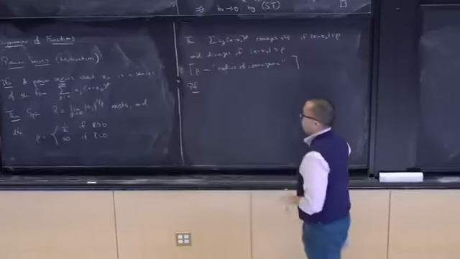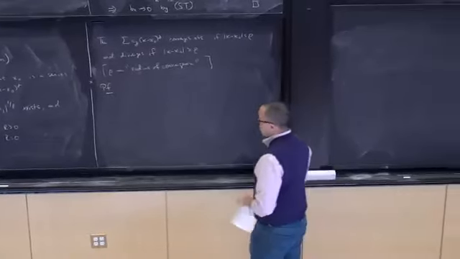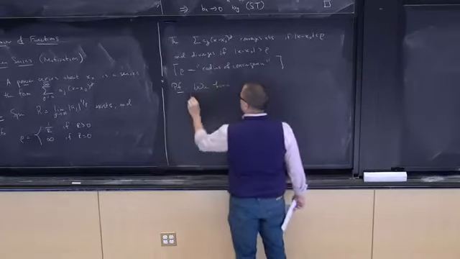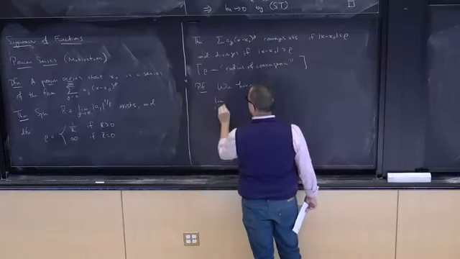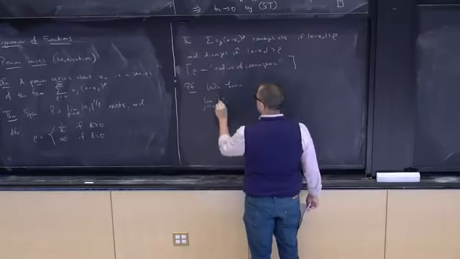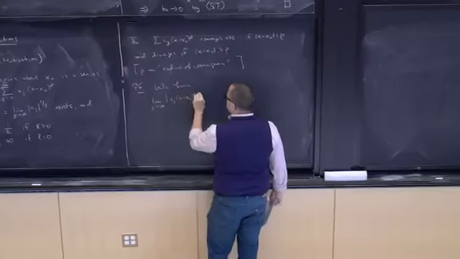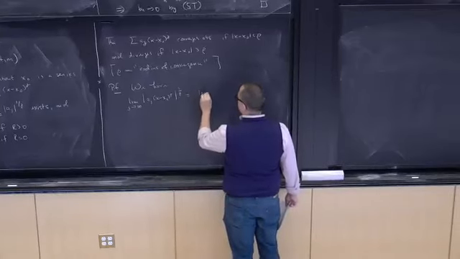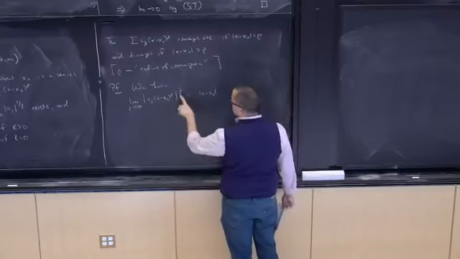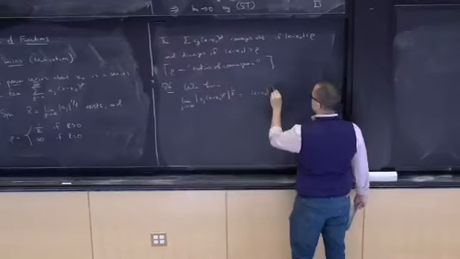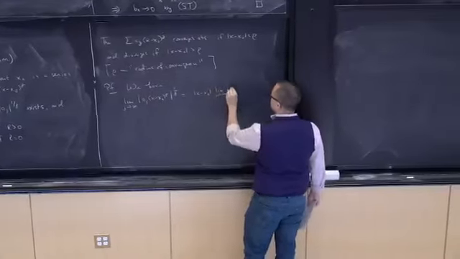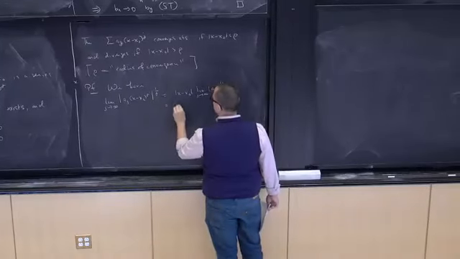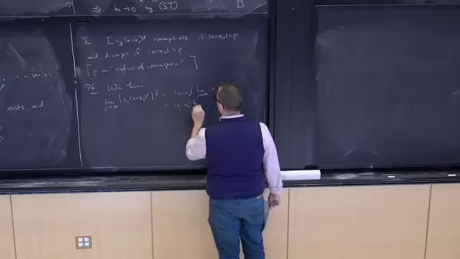Again, the proof follows immediately from the root test, because if we take the limit as j goes to infinity of |a sub j| |x minus x naught|^j, to the 1 over j, this is equal to |x minus x naught|. This kills that j. This is just a fixed number, so this pops out of the limit. And this limit exists, so this equals |x minus x naught| times r.